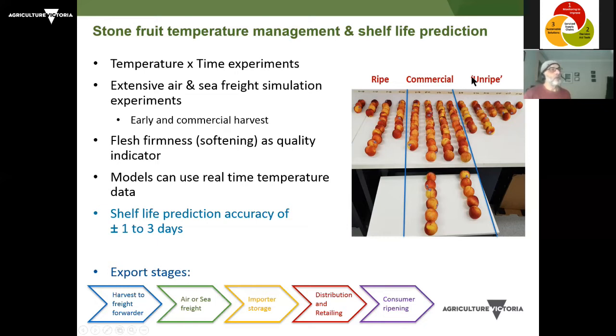We wouldn't use the ripe category because that's not appropriate for extended storage.